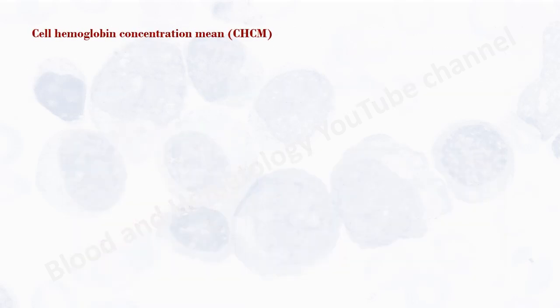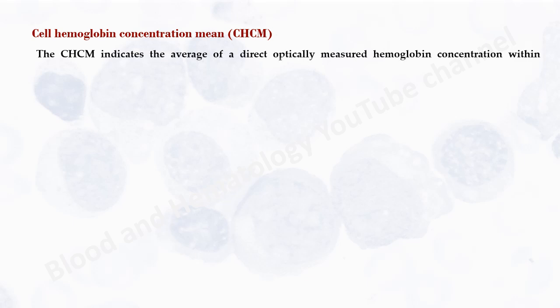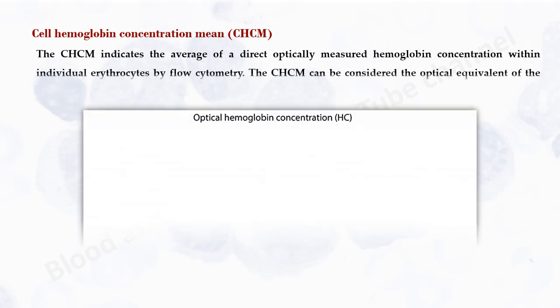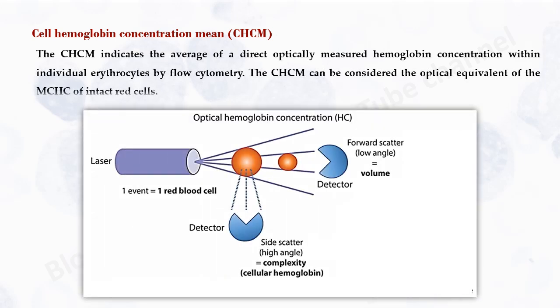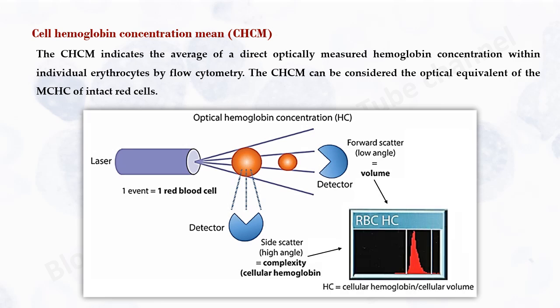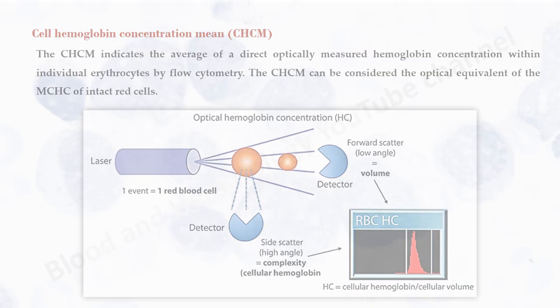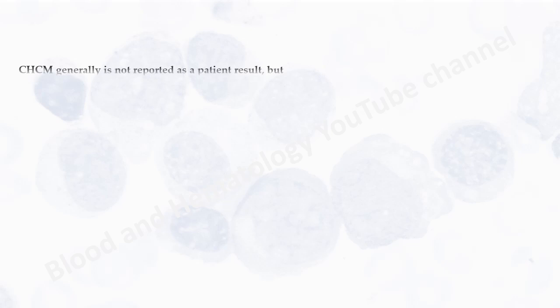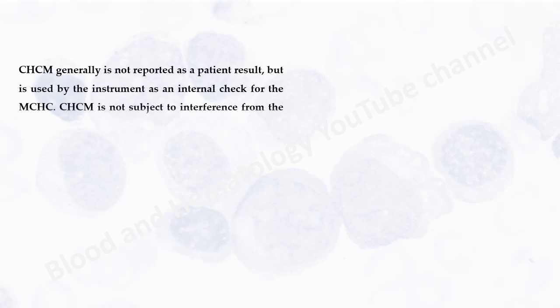The cell hemoglobin concentration mean indicates the average of a direct optically measured hemoglobin concentration within individual erythrocytes by flow cytometry. The CHCM can be considered the optical equivalent of the MCHC of intact red cells. CHCM generally is not reported as a patient result, but is used by the instrument as an internal check for the MCHC.